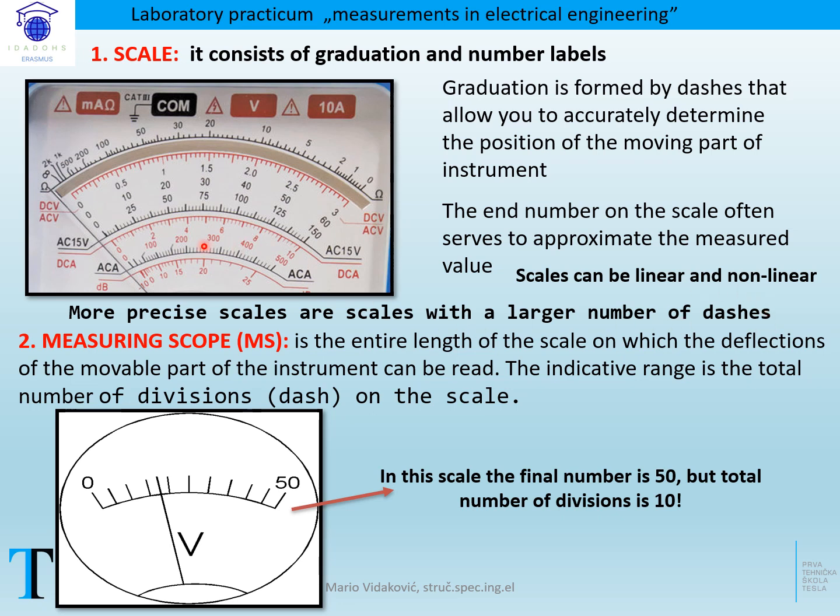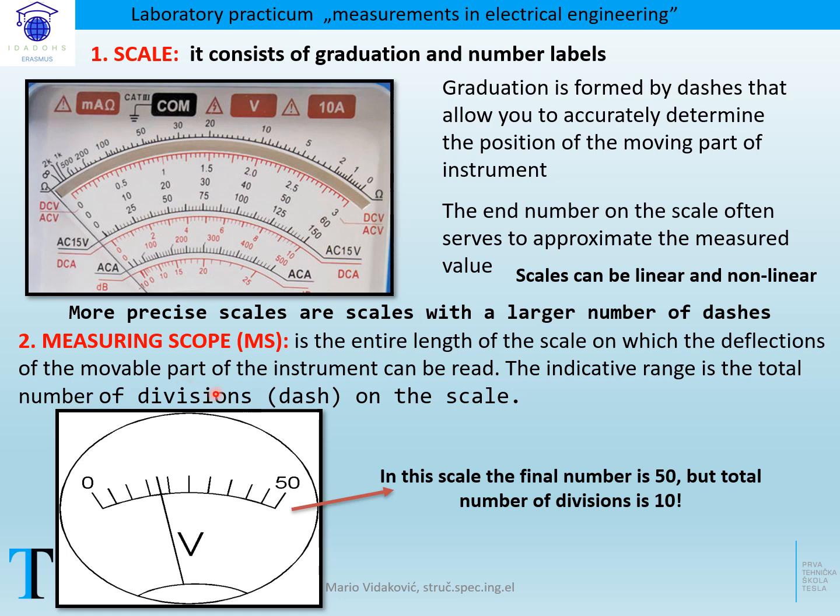Linear means that the difference between two dashes in the same range has the same value. Non-linear means that they are not the same, and we can say they are logarithmic, quadratic, or hyperbolic.